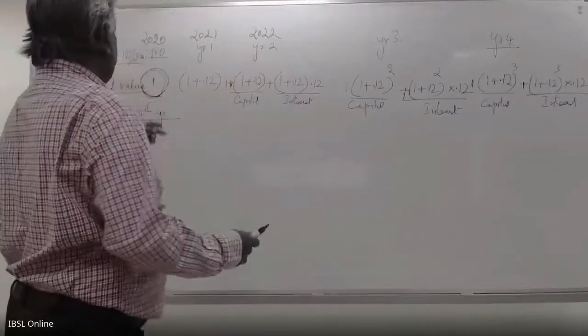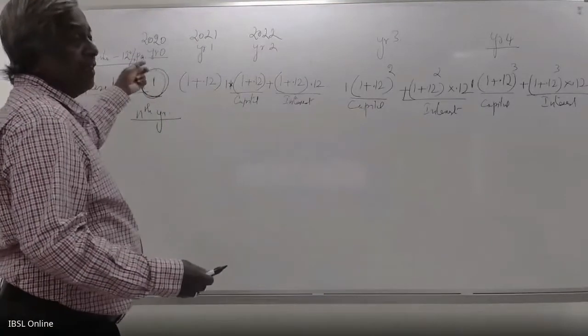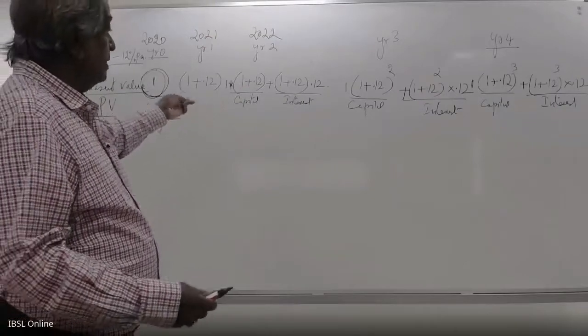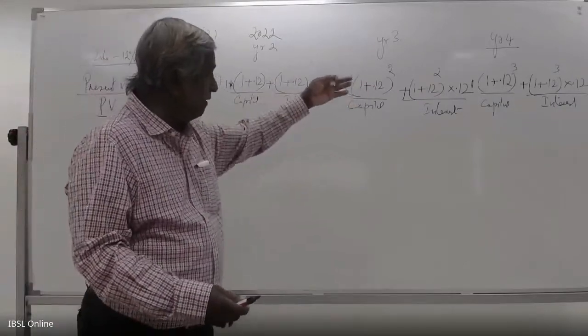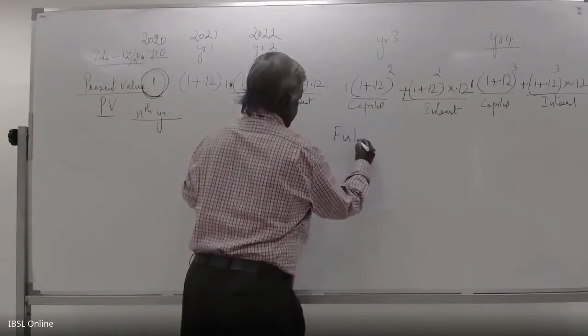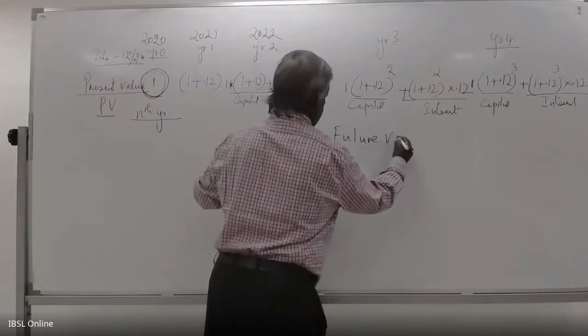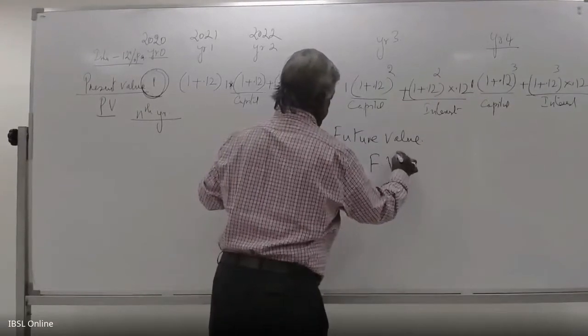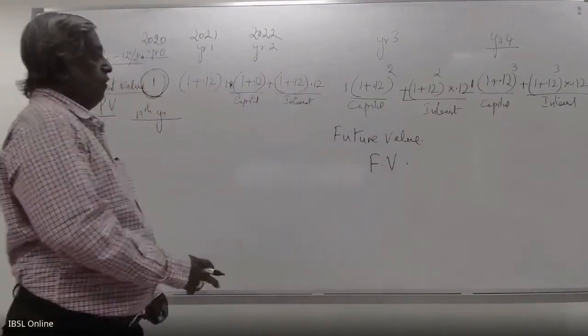So the money we have today, we call it present value, PV. The money we will get in the future, we call it future value of money, FV.